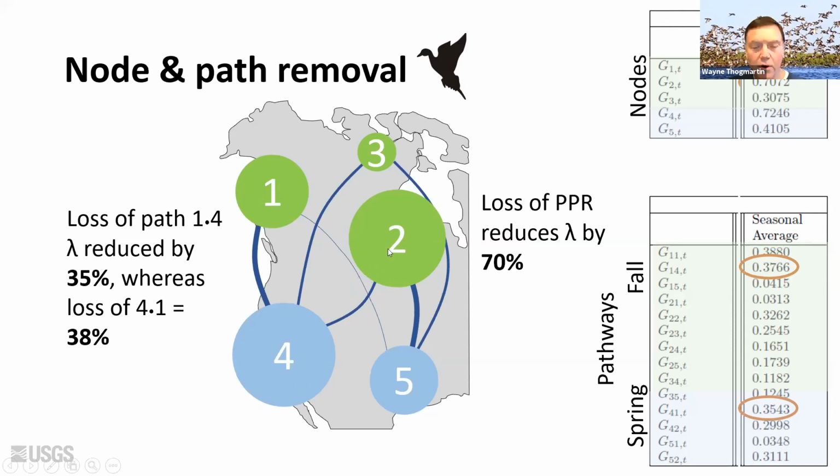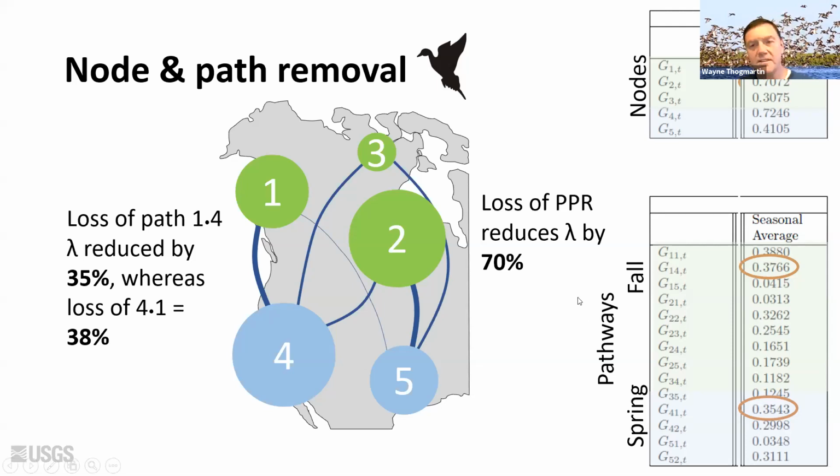The prairie potholes are obviously very important, but even more important and perhaps surprising was the importance of the overwinter location in California. We also have measures of the criticality for both the spring migration as well as the fall migration in these tables, and I've tried to describe them with the line widths here.